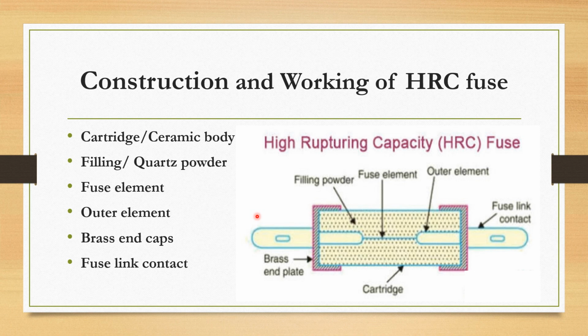That it should have higher mechanical strength, and that is why we are selecting ceramic or steatite as the outer cover material. Nowadays it is getting replaced in new technology with epoxy resins. So instead of using ceramic material, nowadays epoxy resin is used in the construction of HRC fuse.